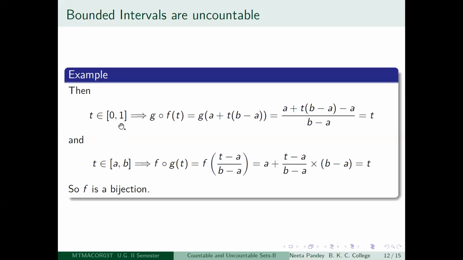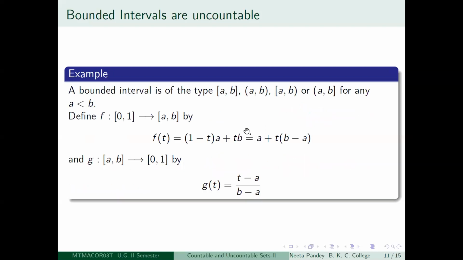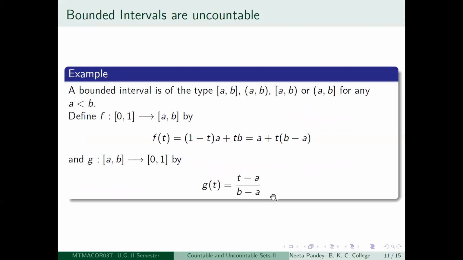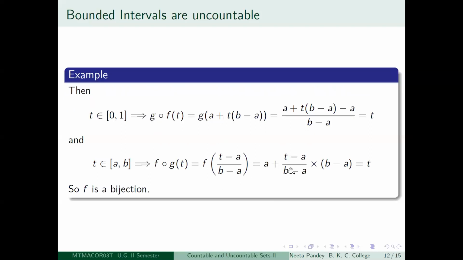Suppose I take t between 0 and 1, then g∘f(t) will be what? g(f(t)). So f(t) by definition was a + t(b − a). This was our formula. So we just put it here, and then we apply the formula for g. So the formula for g was (t − a)/(b − a). So here t has become this expression.